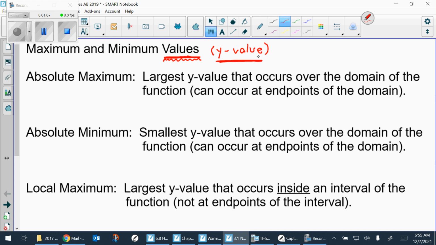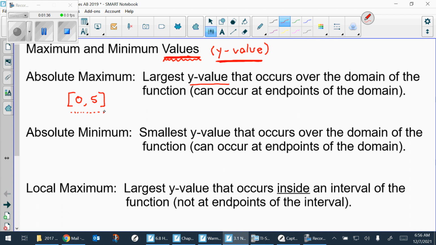Now, the absolute maximum. The absolute maximum value is the largest y value that occurs over the domain of the function. So they might say we're just talking about the interval from 0 to 5. What is the absolute maximum value of the function? You're looking for the biggest y that occurs on this interval.